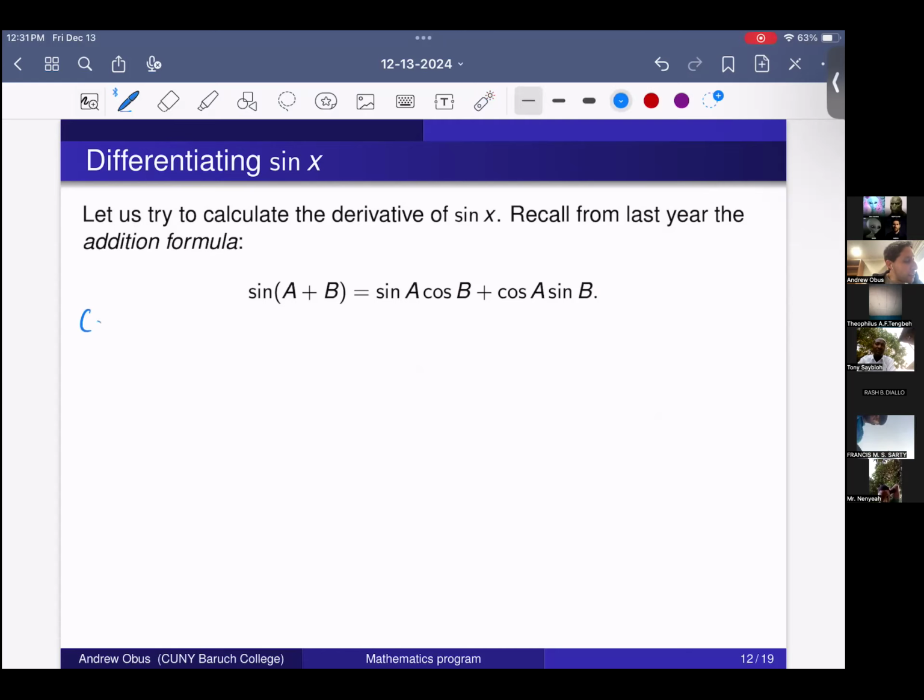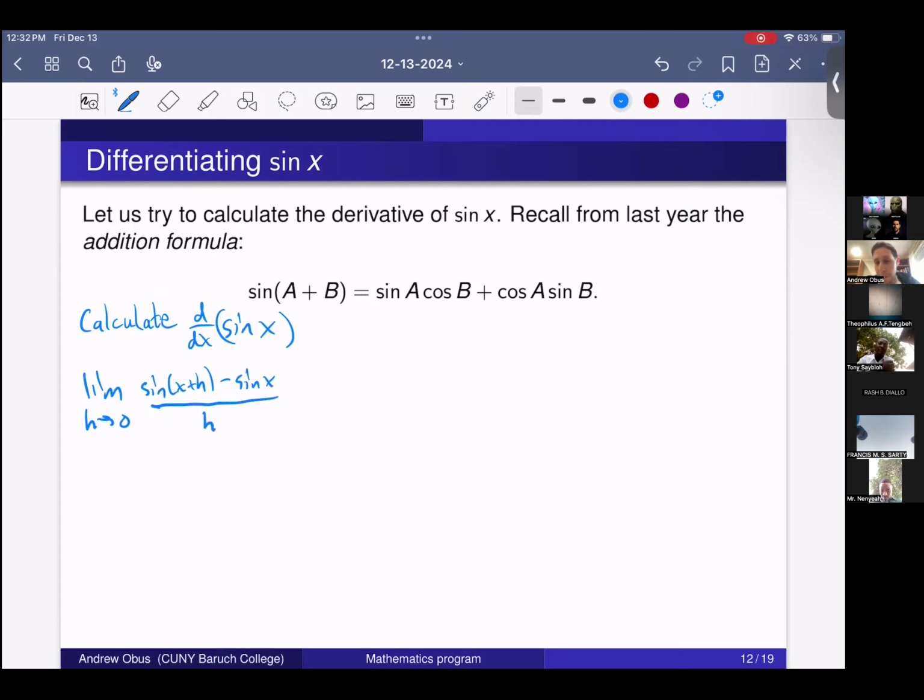So if we want to calculate the derivative of sine of x, well, we have to use the formula. We have the limit as h goes to 0 of sine of x plus h minus sine of x, divided by h. Okay, and what is sine of x plus h? We're going to use this identity.